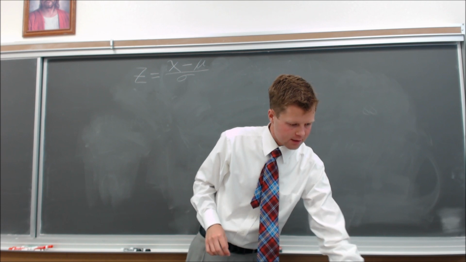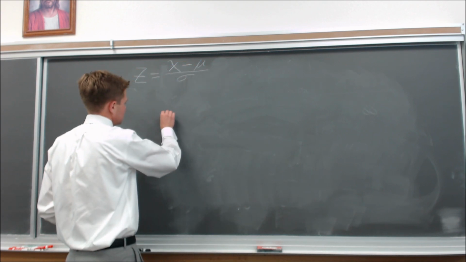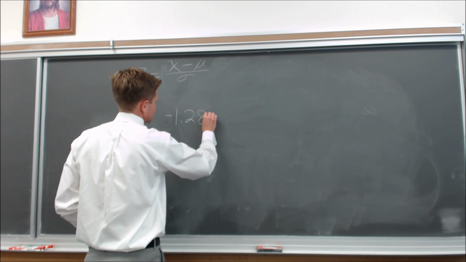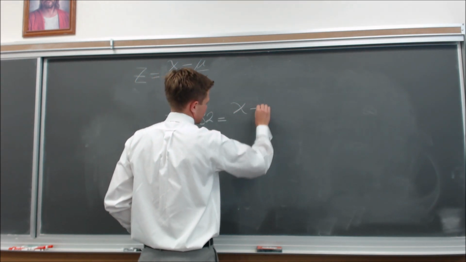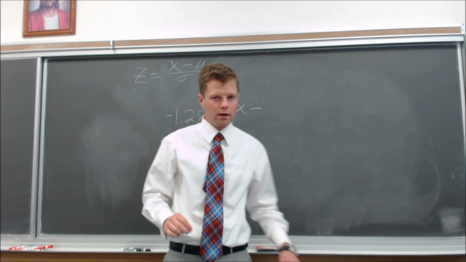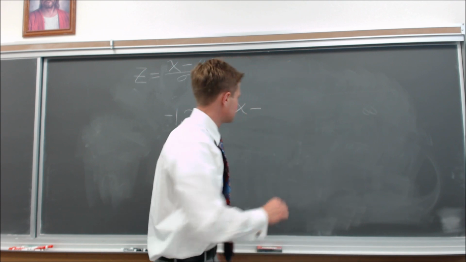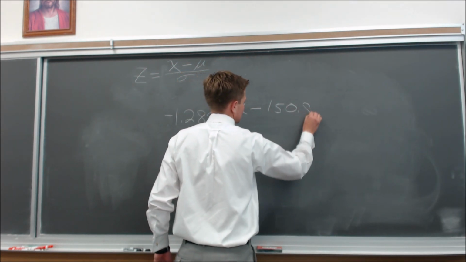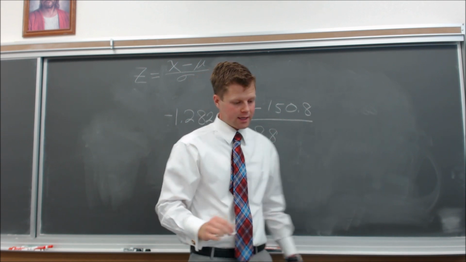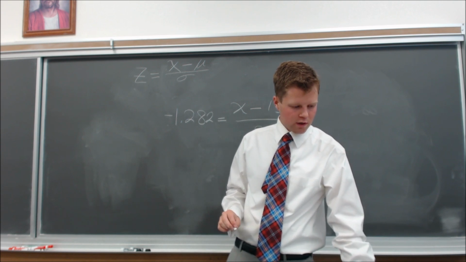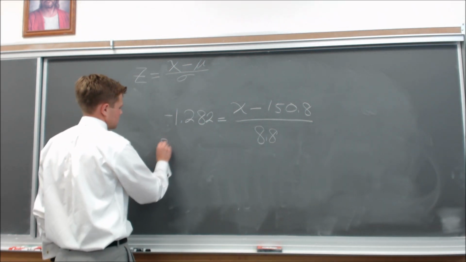So we know that the z-score, -1.282, is equal to x, which we're solving for, minus the mu, and the mu hasn't changed, so the mu is still 150.8, and the standard deviation is still 8.8. As we rearrange this equation algebraically, we're going to bring across the 8.8.